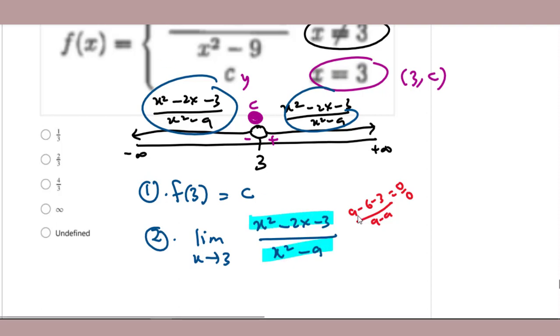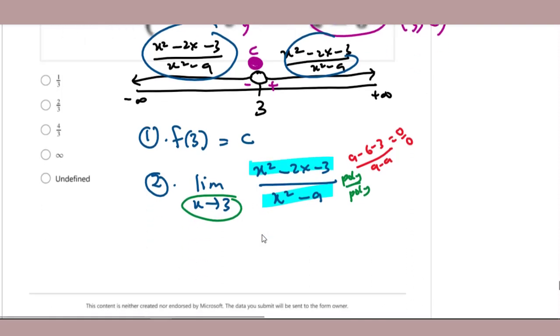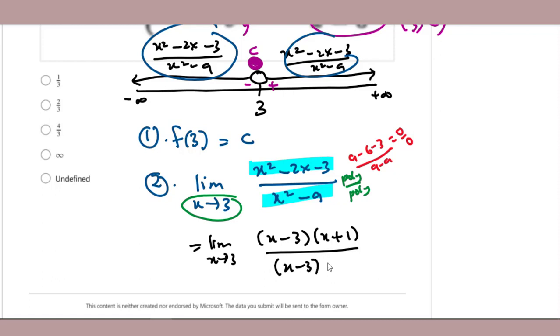Then this is polynomial over polynomial. So for polynomial over polynomial and x approaches a value, we have to factorize. Okay, factorize. x minus 3 times x plus 1 over x minus 3 times x plus 3.